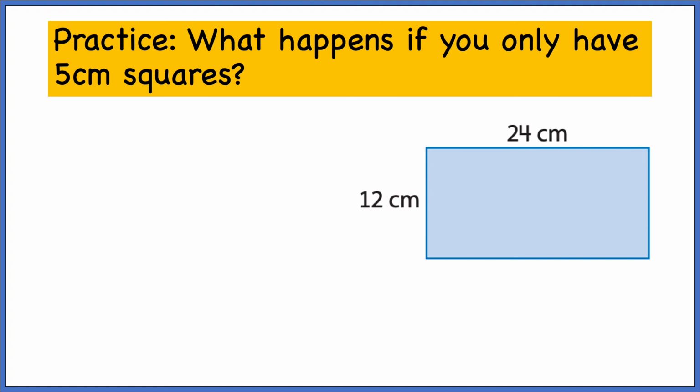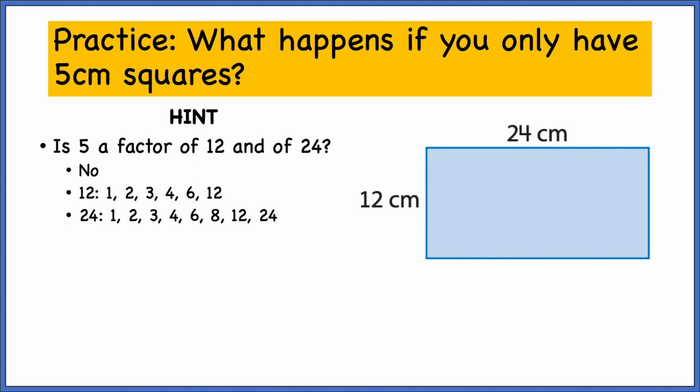What happens if Sue only has 5 centimeter squares? This is a little bit more difficult. Here's your hint. Is 5 a factor of 12 and of 24? No, it's not. Here are the factors of 12.